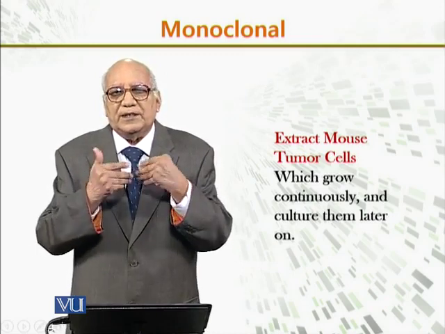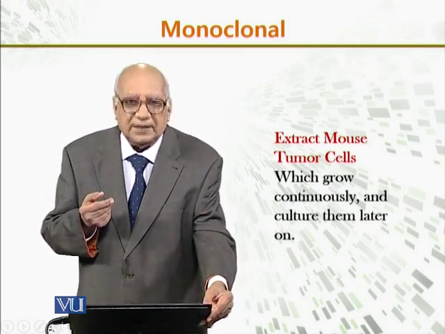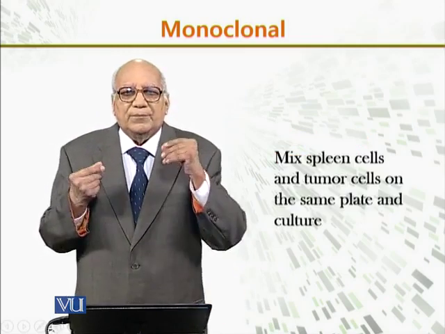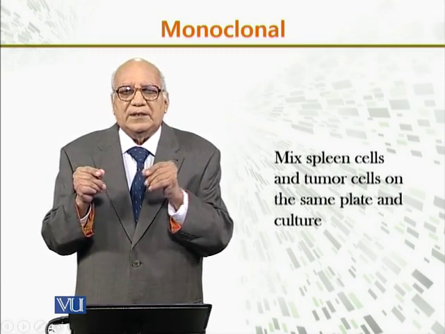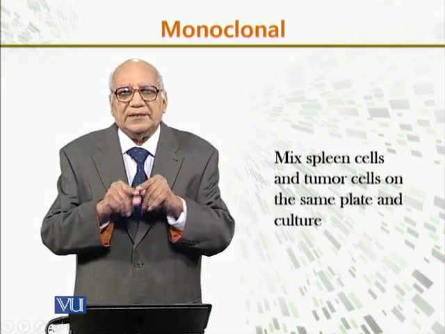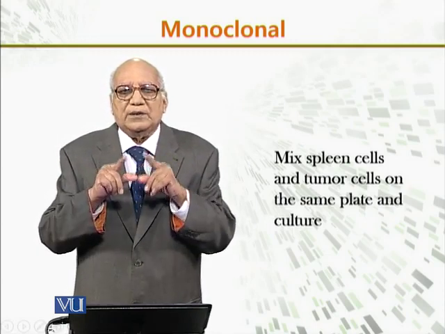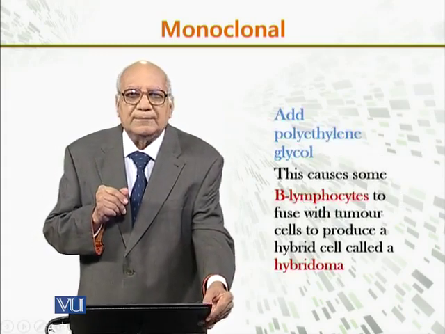That is, we will culture these cells again and again in the lab. We then mix the spleen cells and the tumor cells on the same plate in the culture.